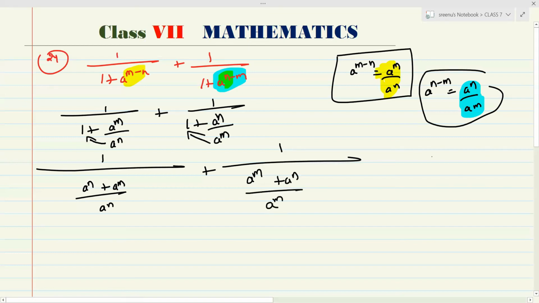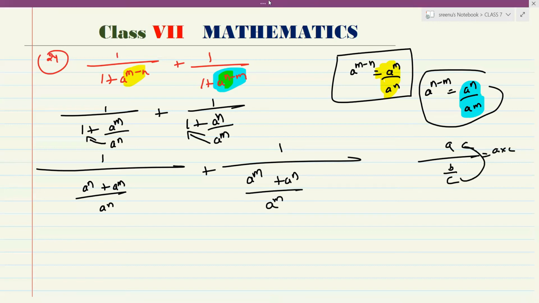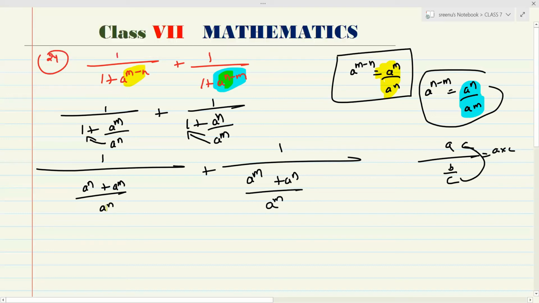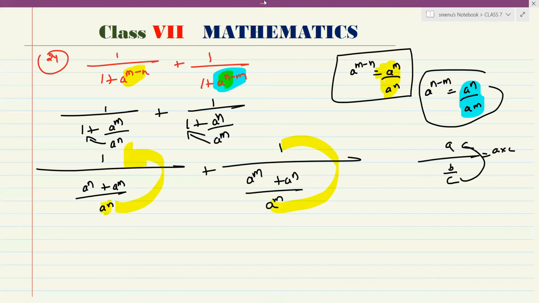Now we got a denominator like this, a by b by c. This c will go up, we will get a into c. So the denominator, what I am marking with yellow color, will go up, to 1 it will go.